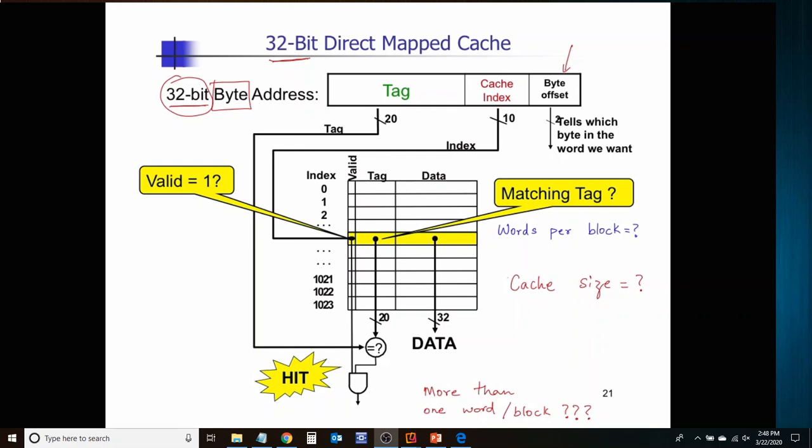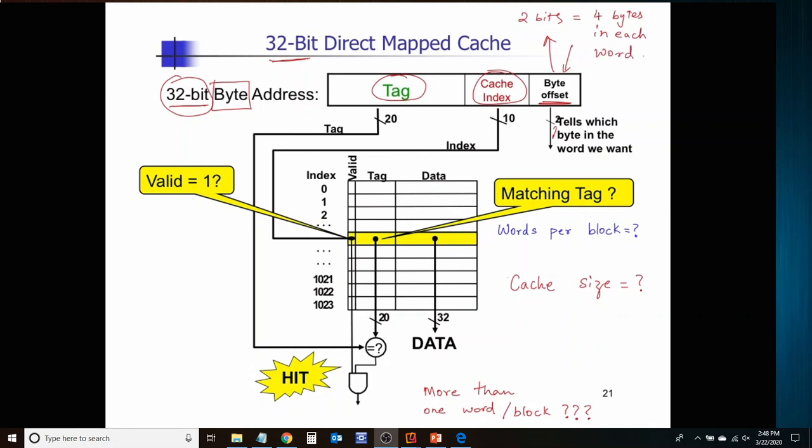That 32-bit address is going to be a combination of some tag bits, some number of bits for cache index, and then 2 bits for the byte offset. We need 2 bits in the byte offset because there are going to be 4 bytes in each word.